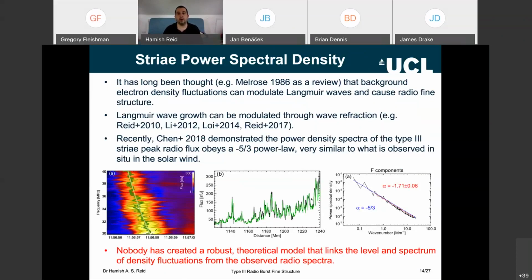I showed you already the simulation where you increase the level of density fluctuations and it increases the level of Langmuir wave modulation. And indeed, people have used this along with the wave refraction of Langmuir waves in the changing background density. There are 4 studies cited here, but there are many more that have looked at turbulence and Langmuir wave growth.